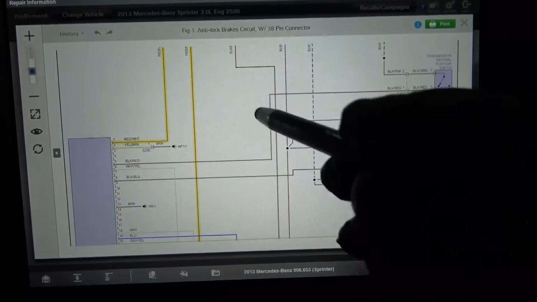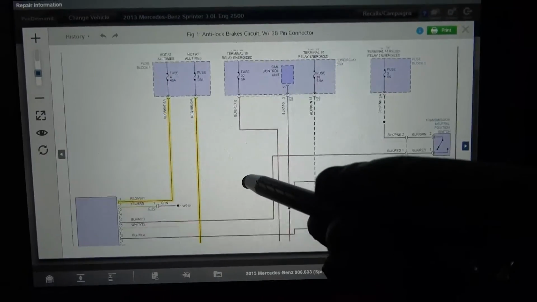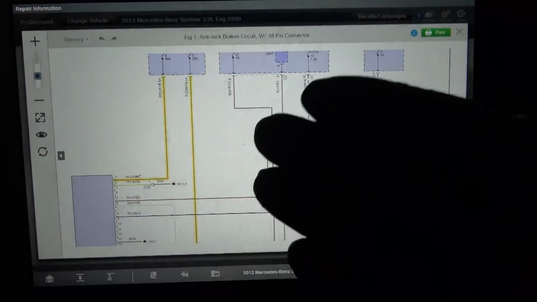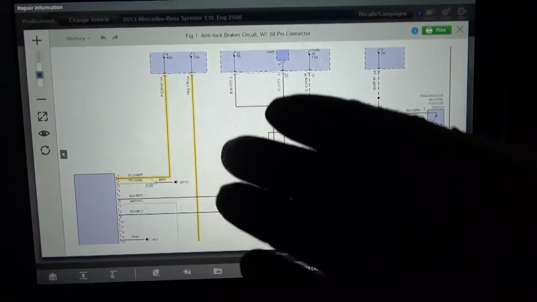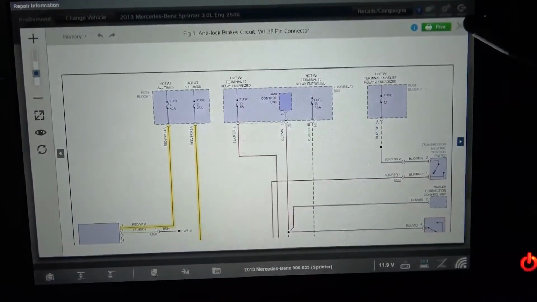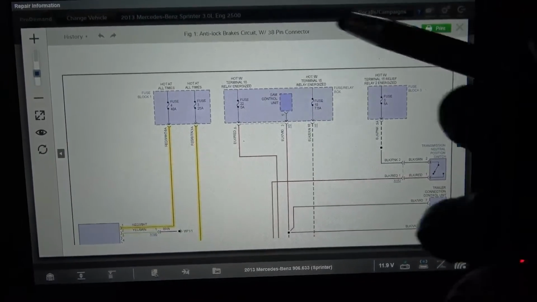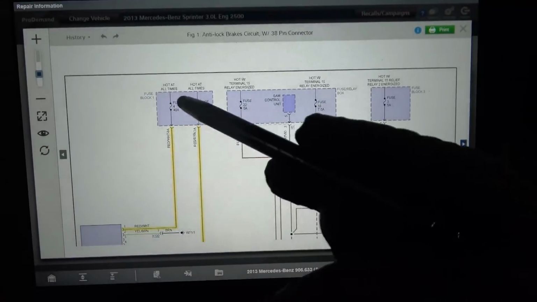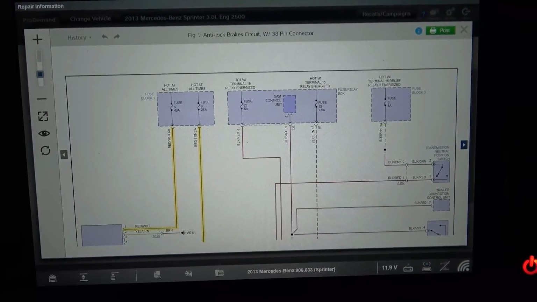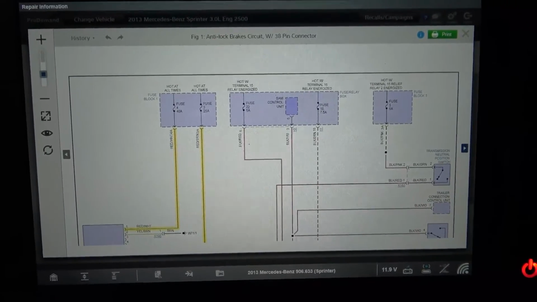So let's get to the ABS control unit. Usually what I like to do with these ABS control units, it's actually easier, in my opinion, to check powers and grounds at the ABS control unit than trying to find these fuses. There isn't a specific way of doing this. You can go to the fuses first and check the fuses. You can go straight to your wiring and do your checks at the ABS control unit.